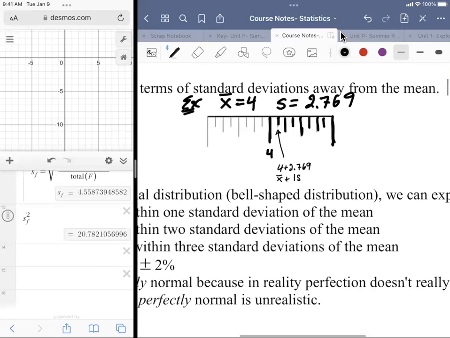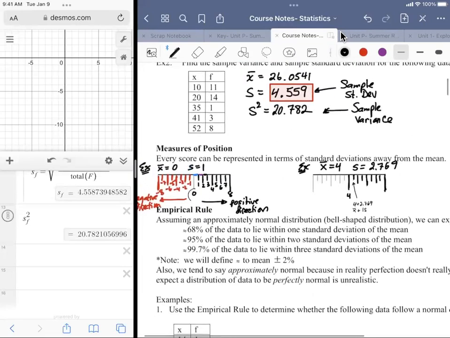Previously, over here, the mean was 0 and the standard deviation was 1. So that 1 that I first labeled here was 0 plus 1, the mean plus 1 standard deviation. It's the same action, it's just using 2 different values. Instead of 0 and 1, it's 4 and 2.769.